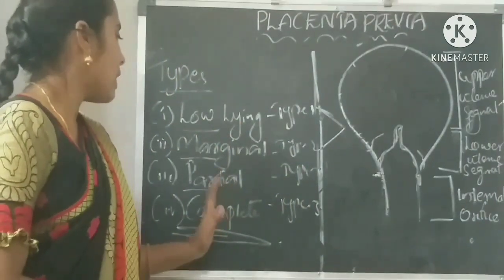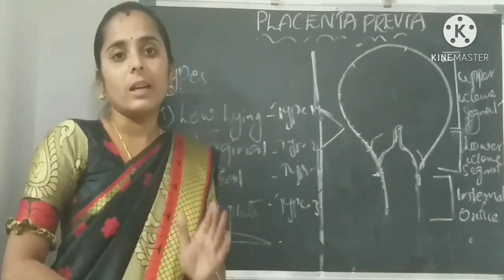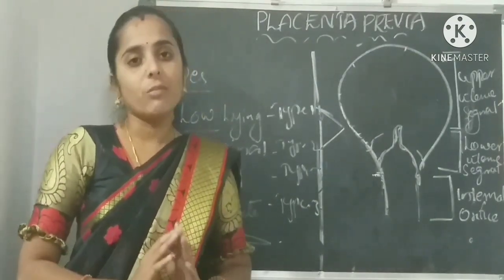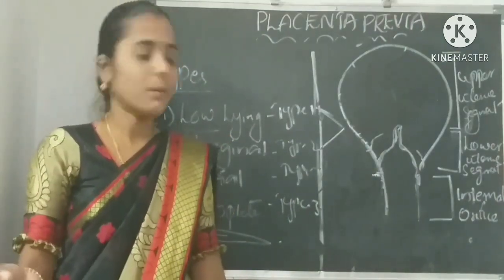If the placenta in type 2, type 3, type 4 is present posteriorly, then it is considered severe. I will explain what is anterior and what is posterior placenta.